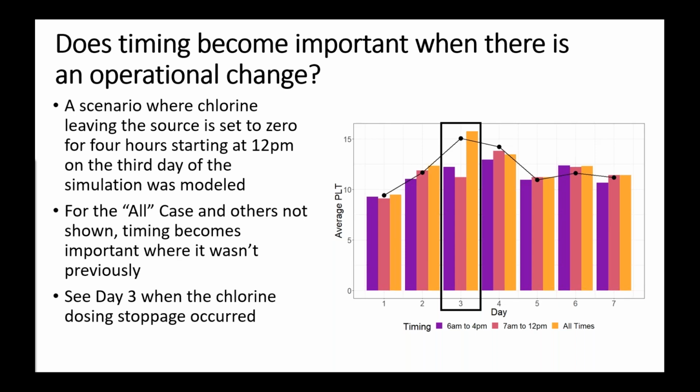What we would want to see is the black dot line up with the top of each of those bars pretty closely. And you can see that it somewhat does that for the all times, or any 24-hour of the day scenario. But then when we have a restricted timing scenario, we see that it completely misses this event. So it's something important to consider.